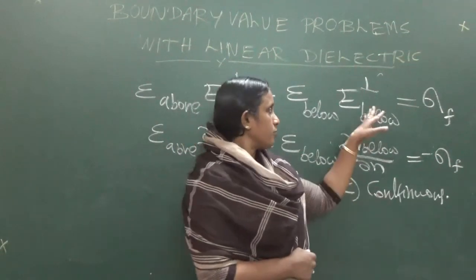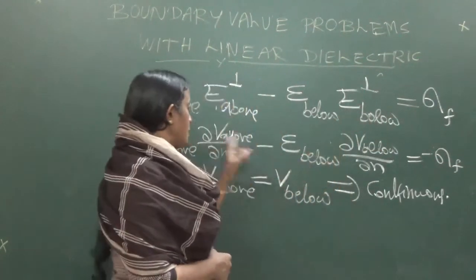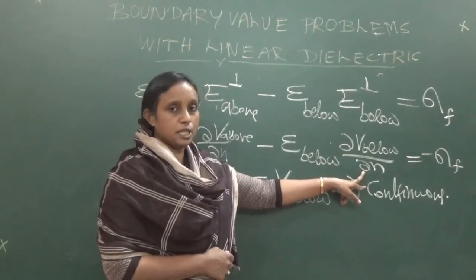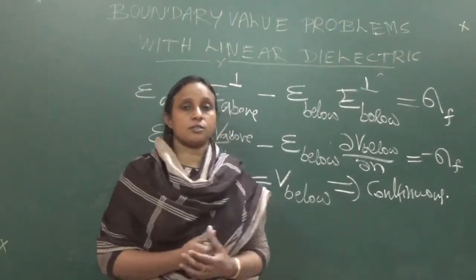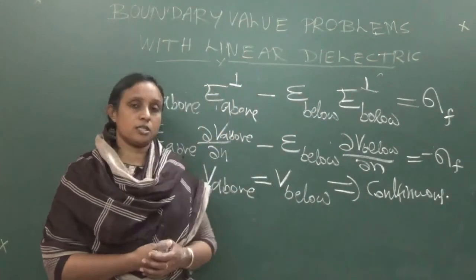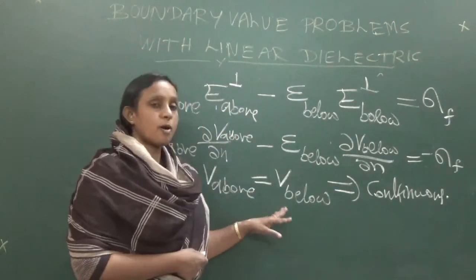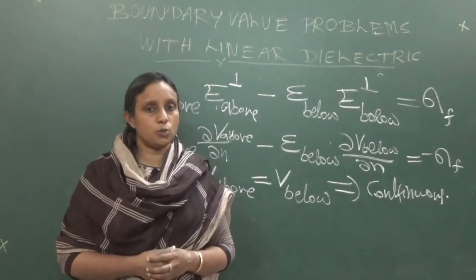We can write the same equation in terms of potential like this, and the potential itself is continuous across the boundary. That means V above equals V below.